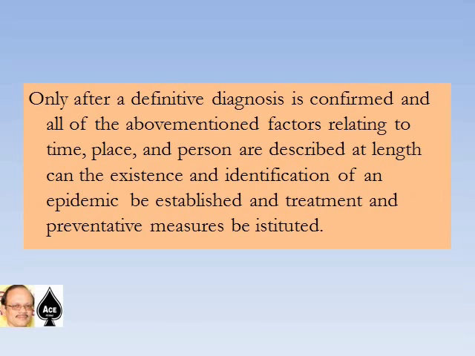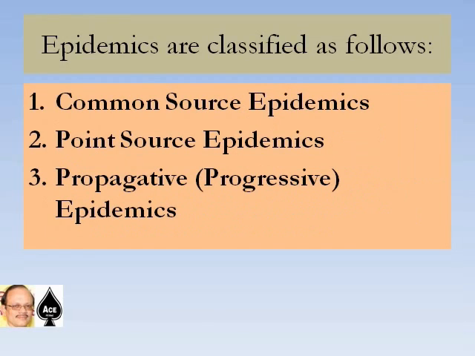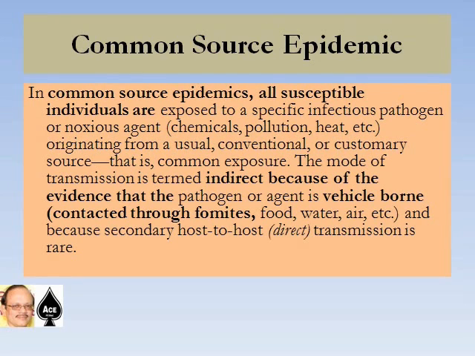Only after a definitive diagnosis is confirmed and all of the above-mentioned factors relating to time, place, and person are described at length can the existence and identification of an epidemic be established and treatment and preventive measures be instituted. Epidemics are classified as follows: common source epidemics, point source epidemics, and propagative or progressive epidemics.